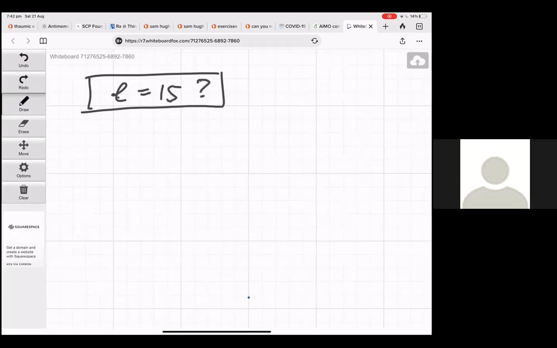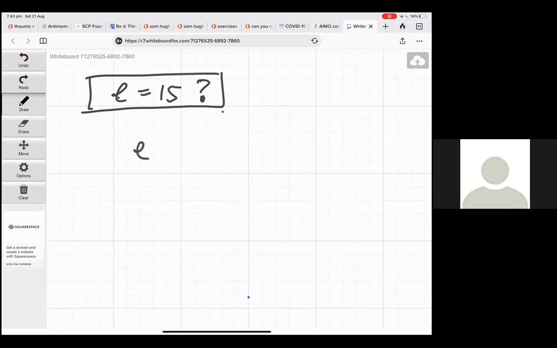So does E equals 15 work? If E equals 19 worked, that would have been a lower bound, but unfortunately it doesn't. So can 15 be our lower bound on our answer? Let's see.